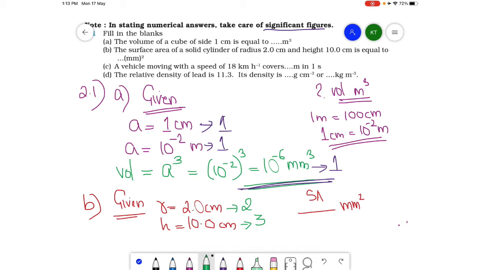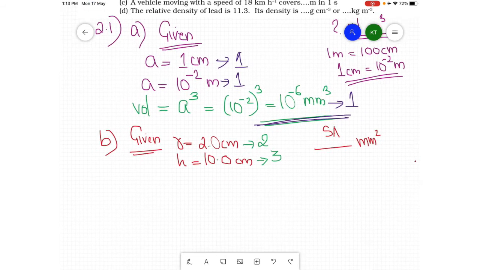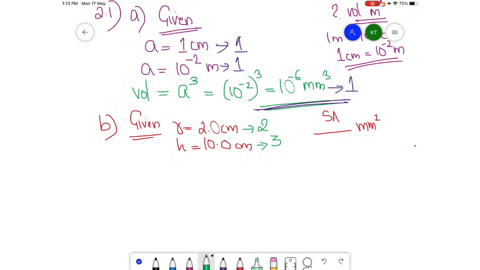The zeros will be valid under significant figures. So our final answer should contain 2 significant figures because the final answer should contain as many significant figures as in the original number with the least number of significant figures. Here the original numbers have 2 and 3, so the least number of significant figures here is 2.